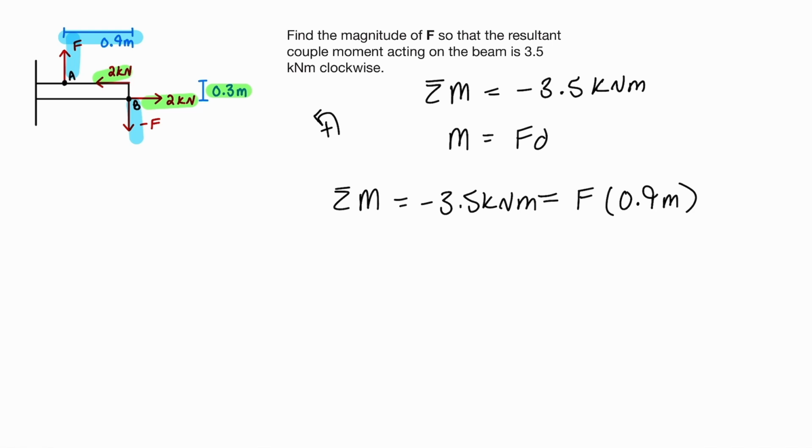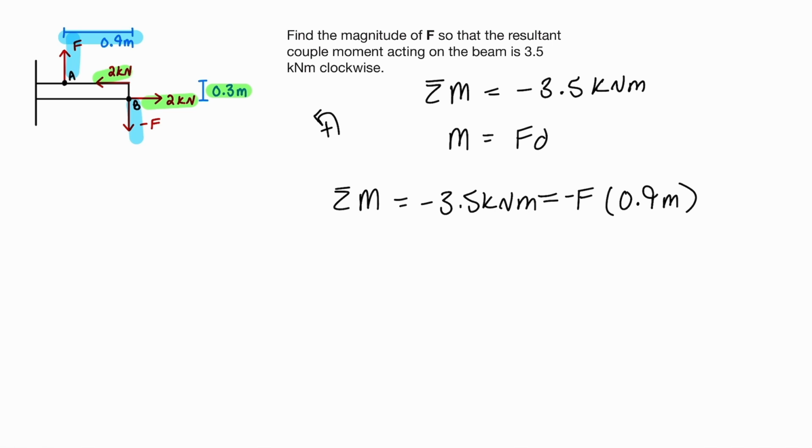And then we also know that because of the directions of these, you can see that it would push this side of the beam up, this side down. So then you kind of have this direction. And so that is clockwise, which is against our positive direction that we set. So this will be negative.